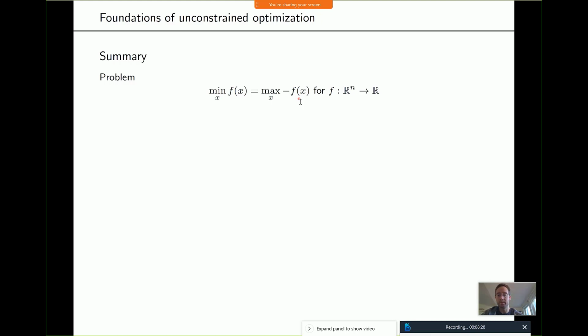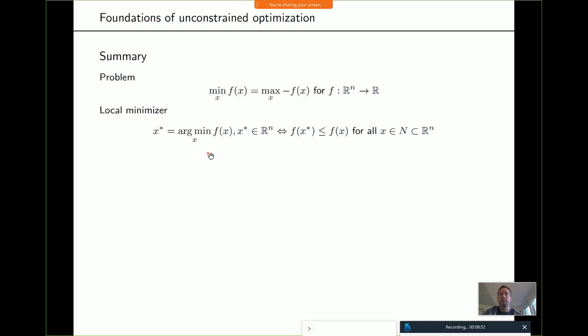So for example, in maximum likelihood, we want to maximize the log likelihood function, so we can equally as well minimize the negative log likelihood function. And we discussed in a little bit of detail that there are different forms of minimizers, so values x star for which the function takes on a minimum.